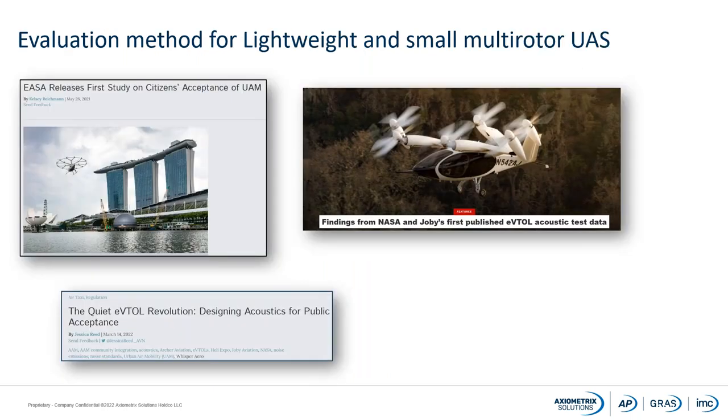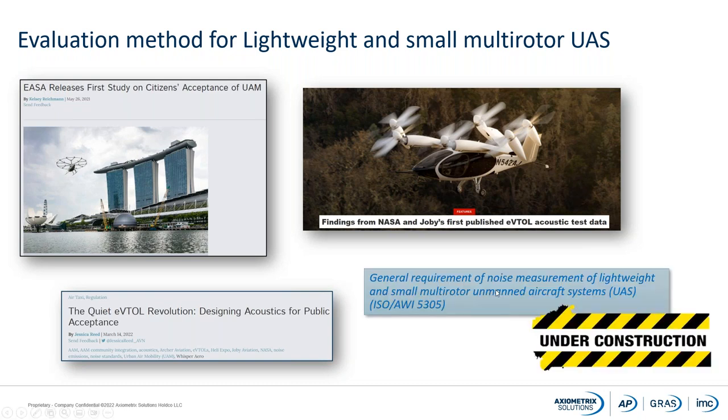Now we are coming to the next part, and that is the lightweight and small multi-rotor UAS. There are a number of studies and a lot of testing being done right now. It is quite important that we know how the noise is actually behaving over a surface when you're doing it.